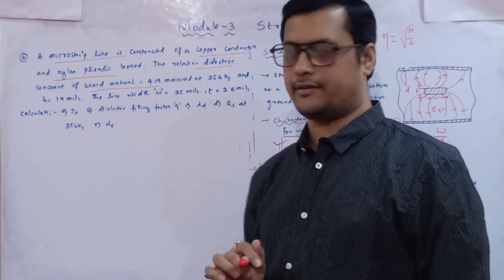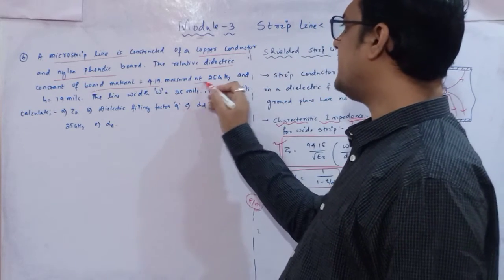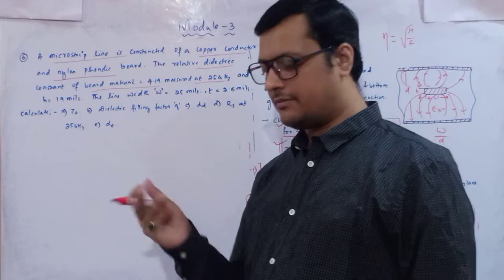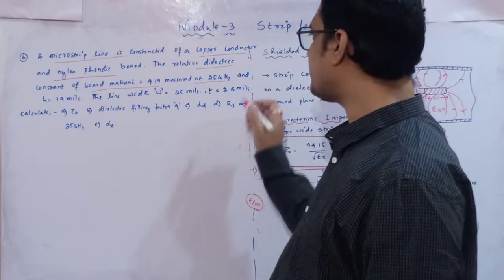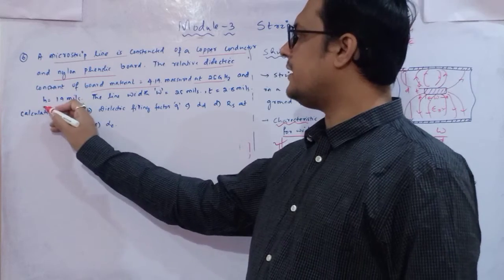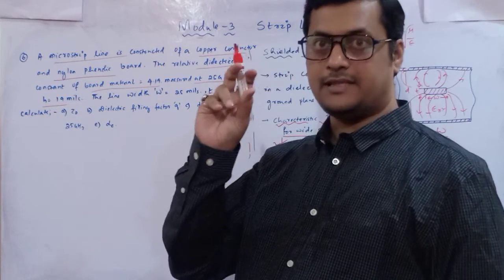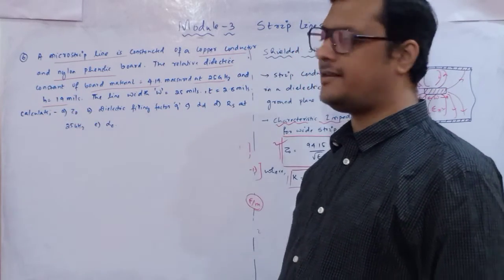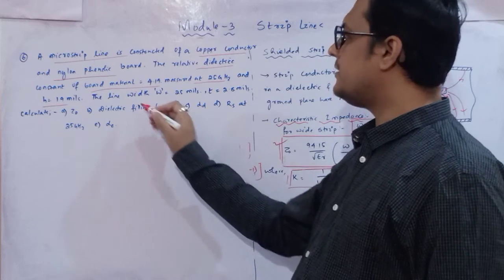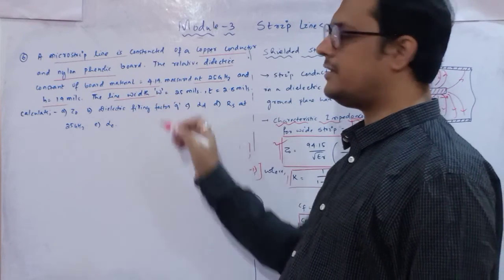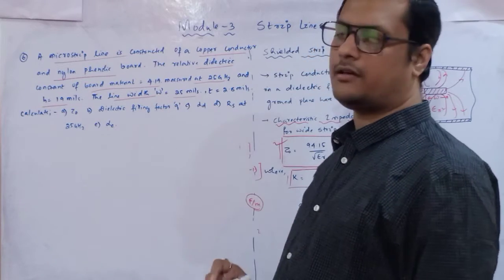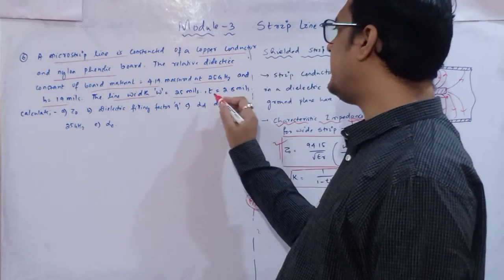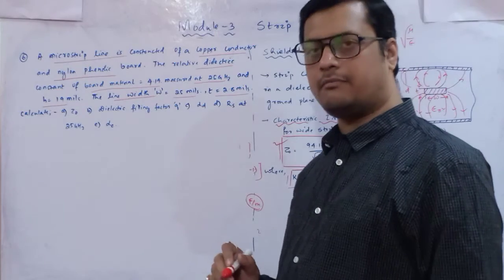Epsilon RD is given, measured at 25 gigahertz, meaning the microstrip line is operating at 25 gigahertz. The thickness of the substrate, H, is 19 millimeter. The transmission line width is 25 millimeter with a thickness of 2.8 millimeter.